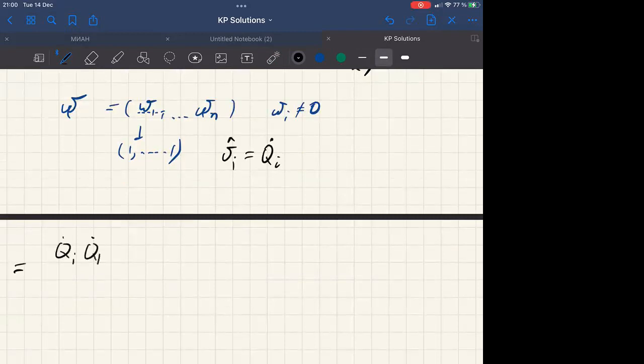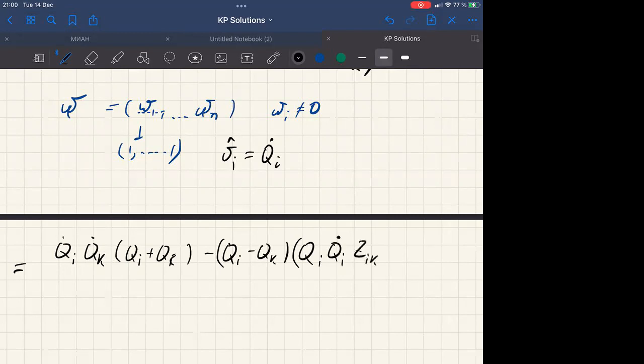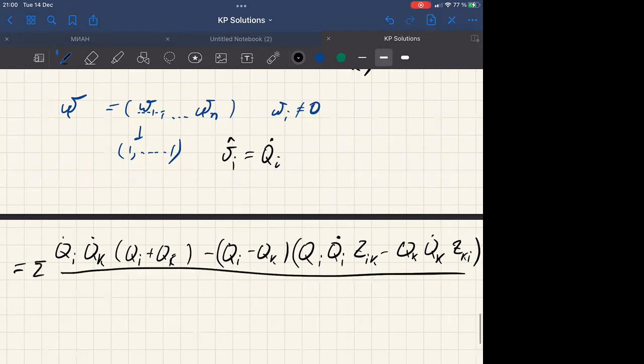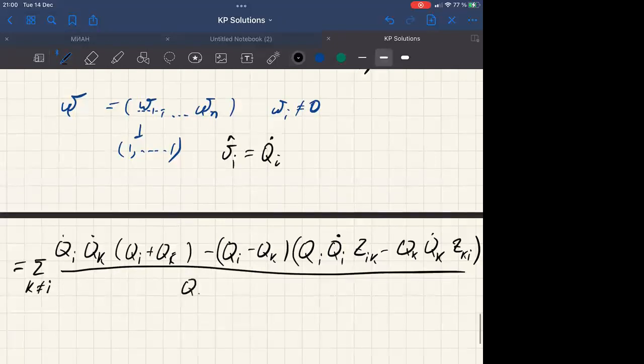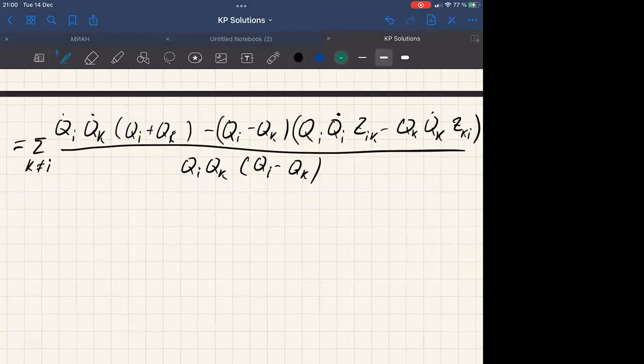Q dot i, Q dot k, Q_i not k, minus Q_i minus Q_k, Q_i dot z_k minus Q_k z_y, i minus Q. And now the second assumption is that z_ke does not equal k, equals lambda y_ik.